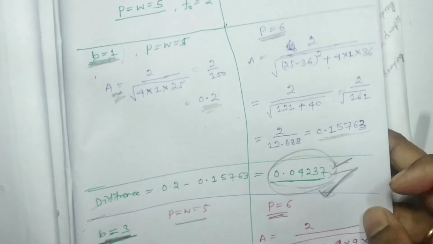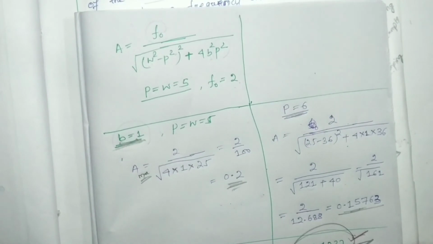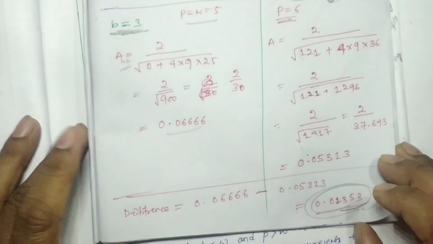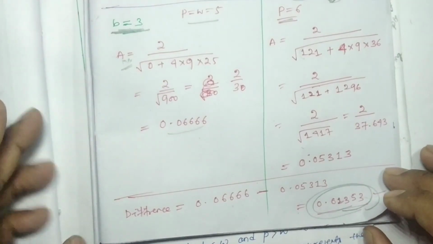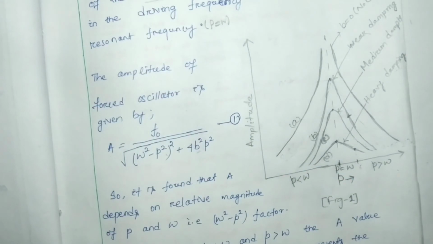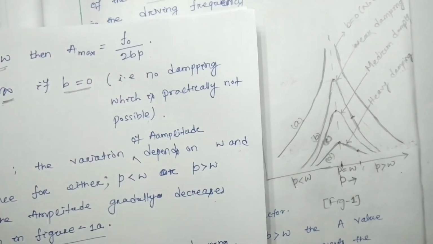Whenever I explain this, you just pause the video and write these mathematical explanations, and paste them on an extra page. Okay, so this is all about the sharpness of resonance of the forced harmonic oscillation.